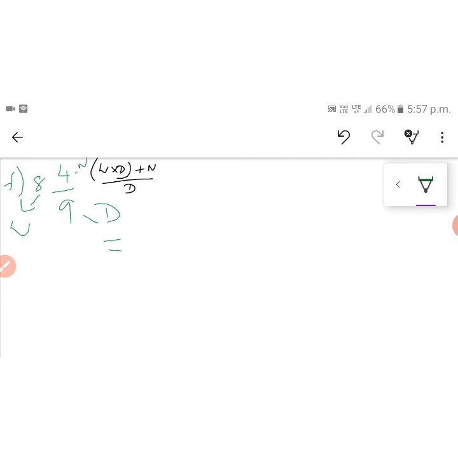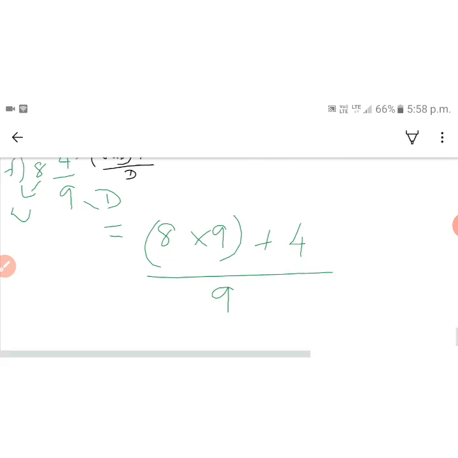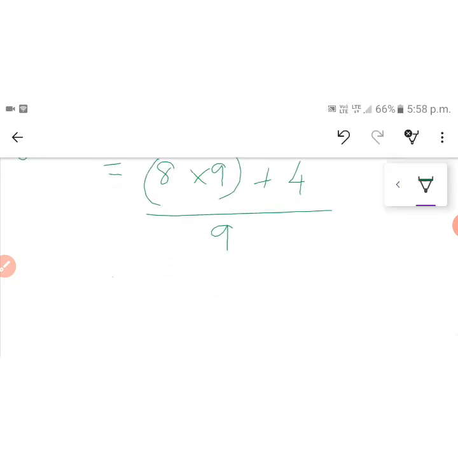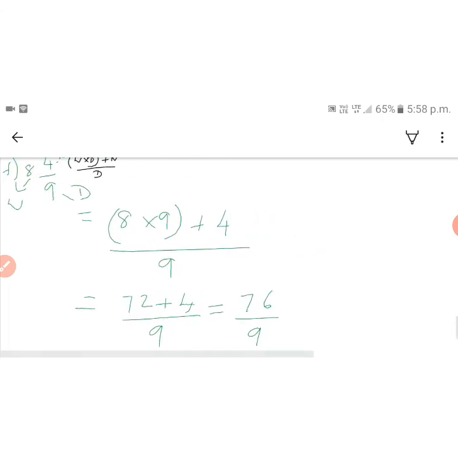Whole into denominator. 8 into 9 plus the numerator, which is 4, by the denominator, which is 9. 8 into 9 is 72, plus 4 by 9. 72 plus 4 is 76 by 9. Therefore, the answer is 76 by 9.